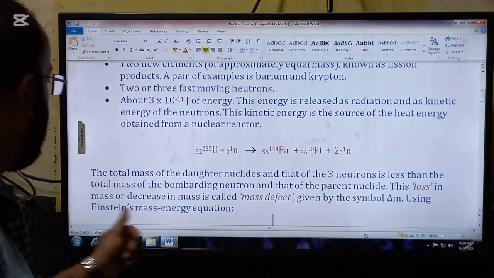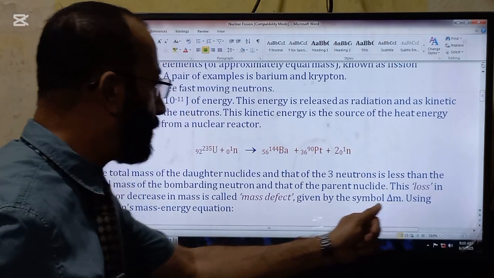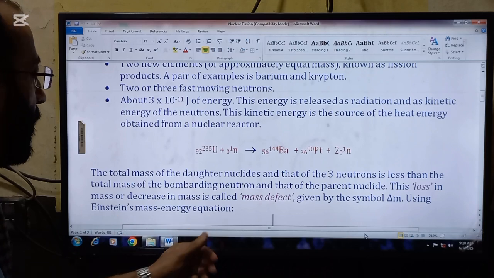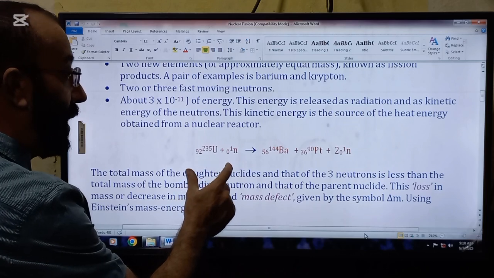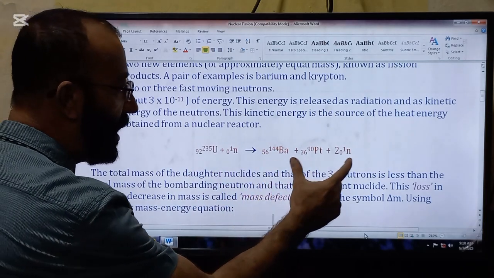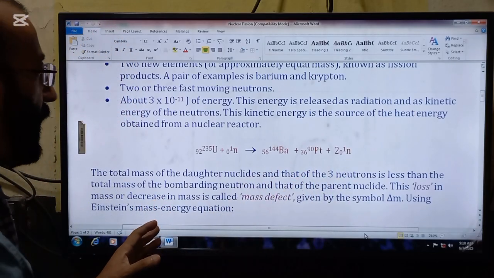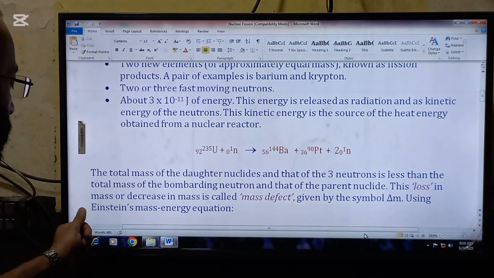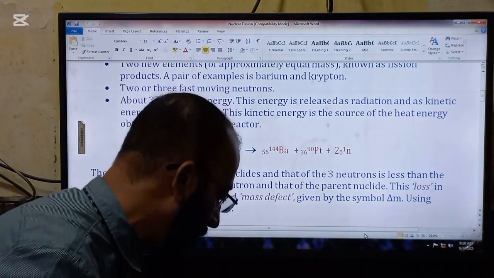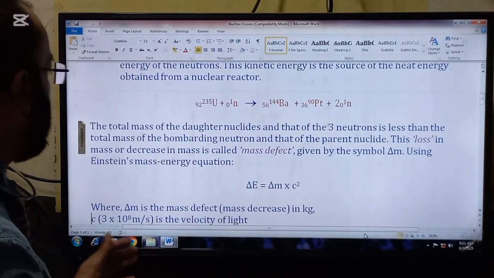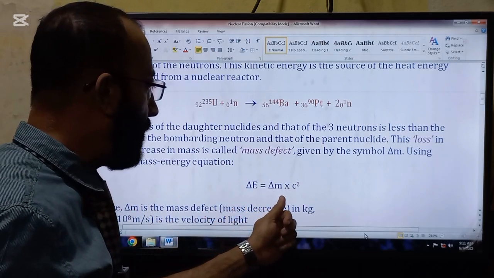So this loss in mass, or decrease in mass, is called mass defect, given by the symbol delta M. Using Einstein's mass energy equation: delta E is equal to delta M into C squared.